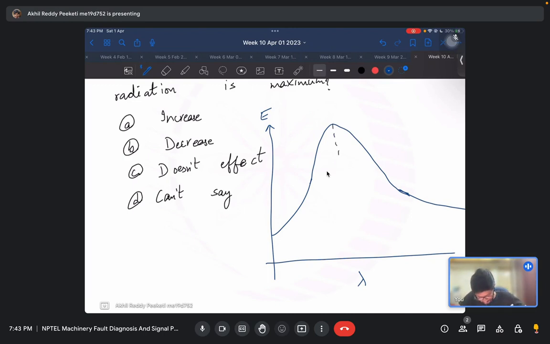So this is the wavelength at which the energy emitted is maximum. So this is lambda max. This is energy at a given wavelength.